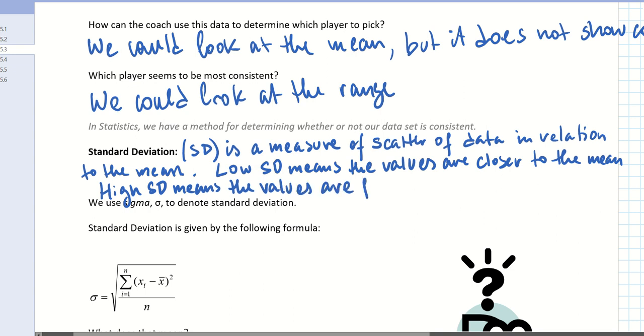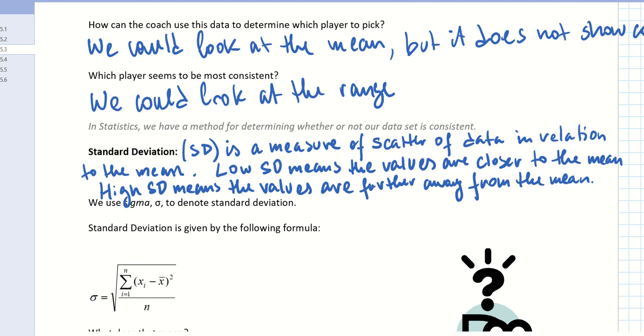So the values are further away from the mean. So again, they're more scattered. So that's what we're trying to find here. So how do we find the standard deviation of something?